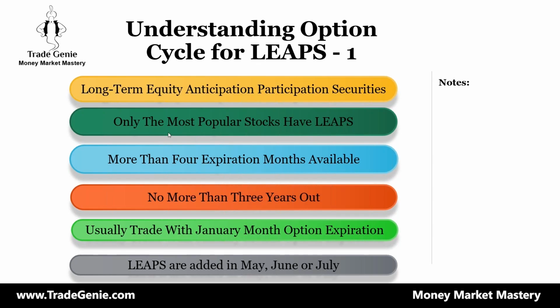Not all stocks have LEAPs, only the popular stocks. They have longer-dated options, like a 2-year expiry. So if you don't want to buy the stock outright, and you say, I know Apple is going to 200, I'm not going to buy 5,000 shares of Apple. I just buy 50 contracts 2 years from now, and I'm pretty sure Apple will be at 200.